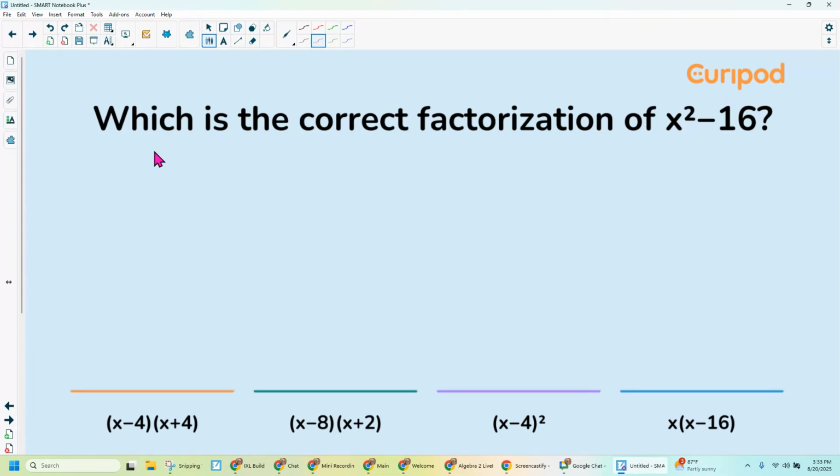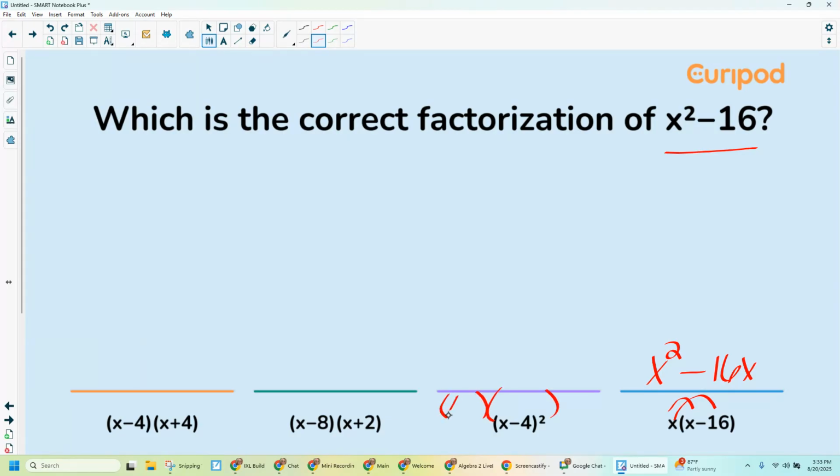Now, I can test out each of the answers down here to see if I get back to my original problem. Let's just start on the right here. If I distribute the x to both of these terms, I'd get x squared minus 16x. Does that match x squared minus 16? No.